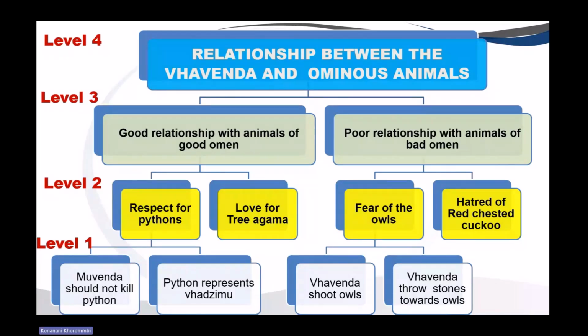Then I discuss everything that is underneath, whether it is yellow or below the yellow. All of it belongs here, and I will discuss it nicely. And this one and the relationship with animals of bad omen, all of them belong to a much higher concept, the relationship between the Venda and ominous animals. Ominous animals are either of good omen or of bad omen.